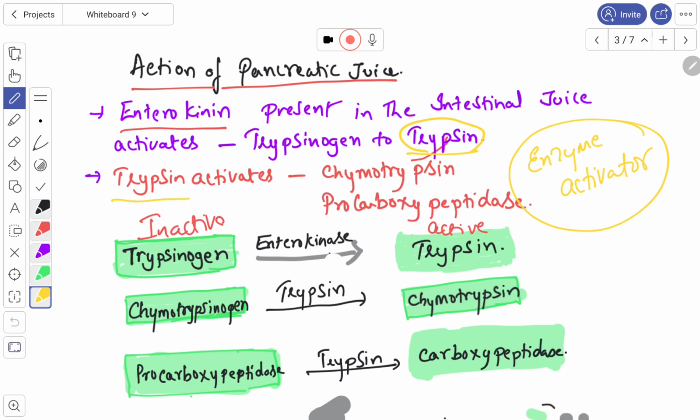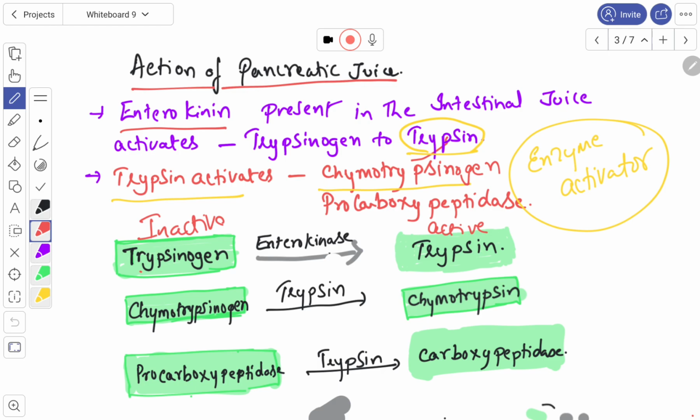And this trypsin activates chymotrypsinogen into chymotrypsin and procarboxypeptidase into carboxypeptidase. We can see the equations here.